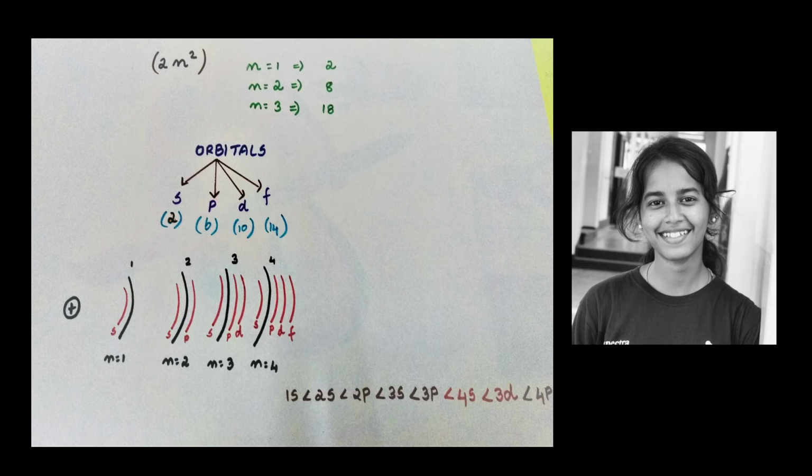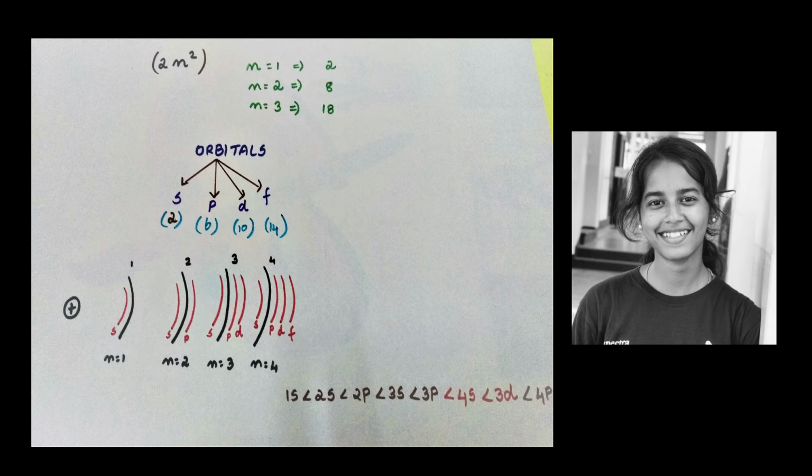Now let us consider a nucleus and 4 orbits according to Bohr's rule. The black line denotes the orbits and the red line denotes the suborbits. So n is equal to 1 denotes the first orbit, 2 the second orbit, then the third orbit, and n equal to 4 the fourth orbit. We learned that every orbit has suborbits.